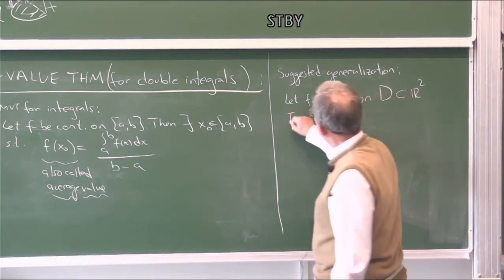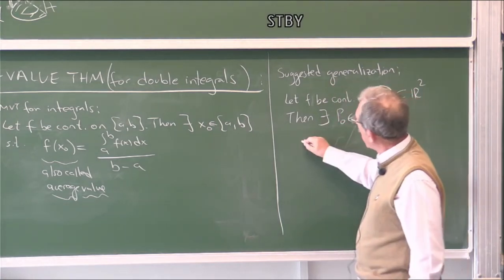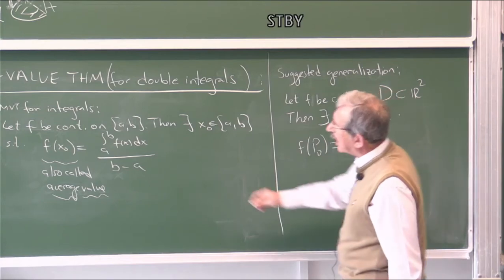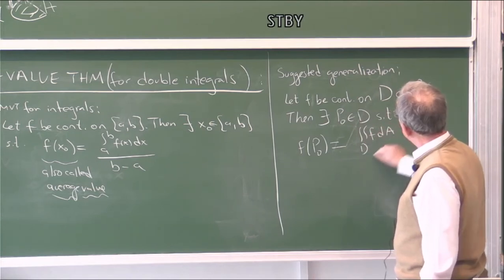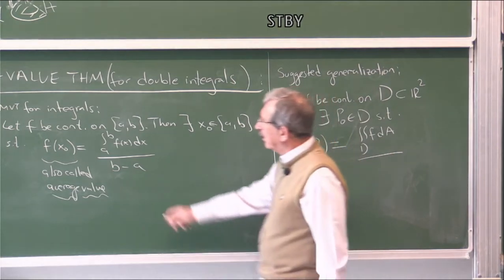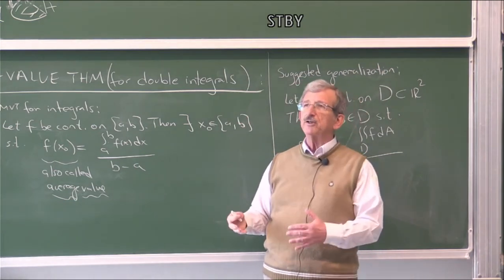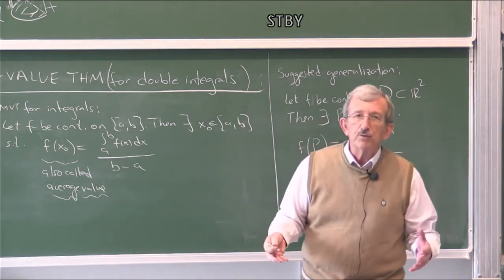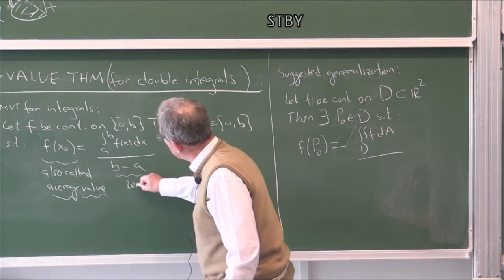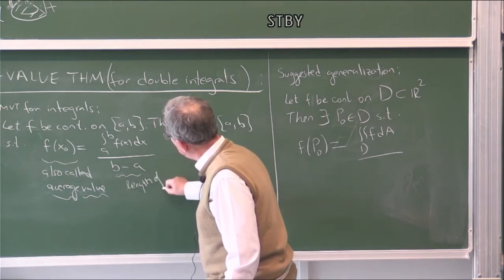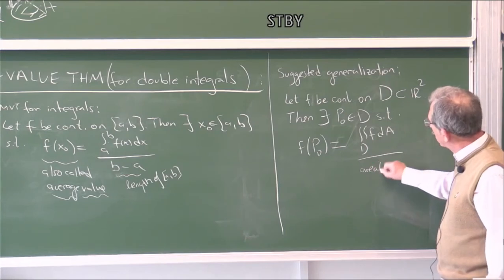Then there exists a point P0 in D such that f of P0 is, I'm copying from here, just cheating, the integral of f divided by, well, the definite integral became a double integral, and b minus a is the length of the interval. So here we could expect the area of D.